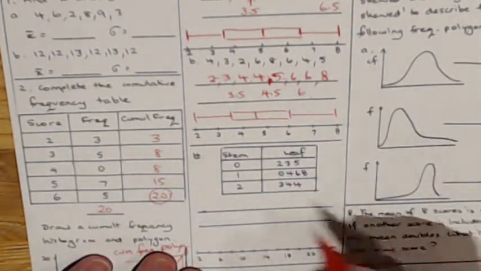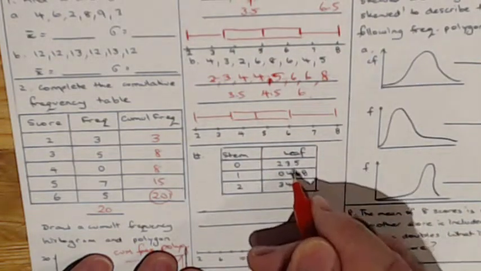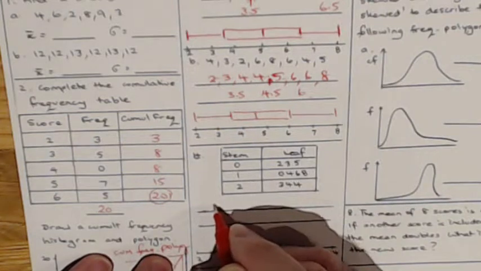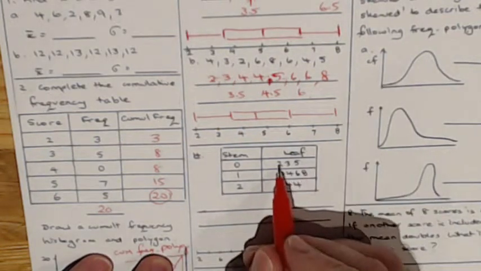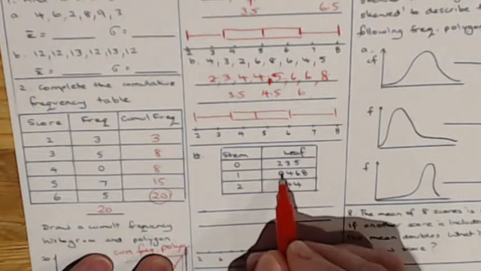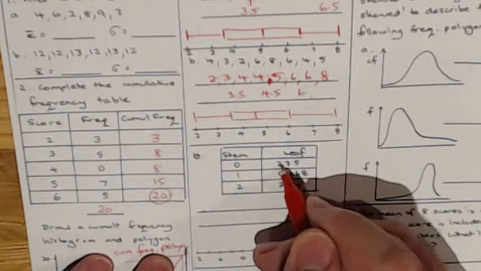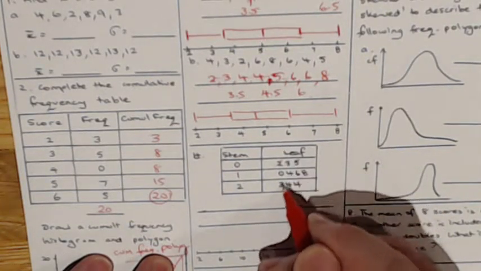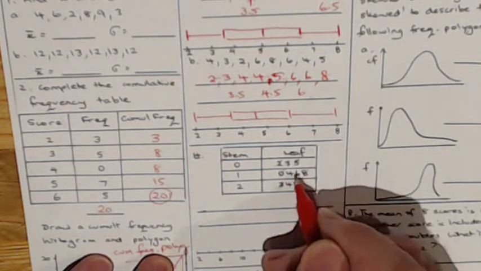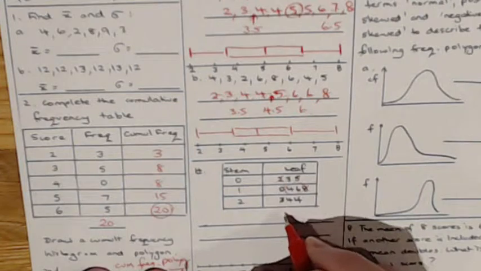Next, a stem and leaf display, and we have to arrange it in a box and whisker plot. If we were to consider our scores here, of course that score there is 2, 3, 5, and that one there is 10, 14, 16, 18, and so on. So in between 14 and 16 appears to be our median.